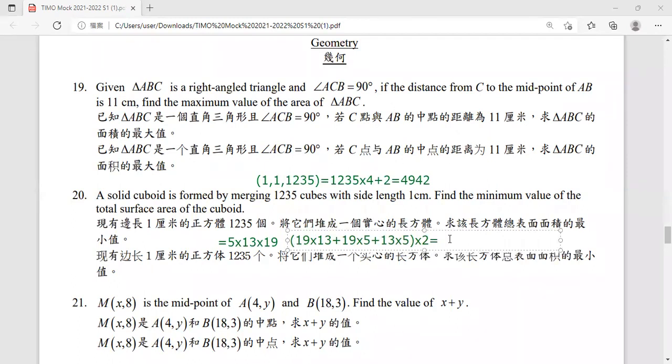I think this is very small. Yeah, 814. So you see which is the largest and which is the smallest.